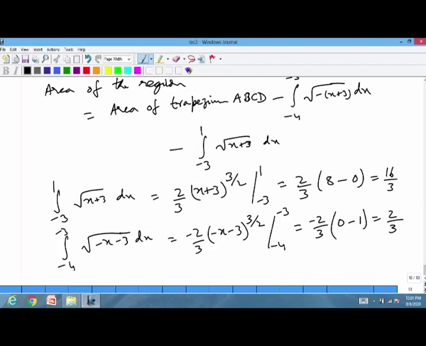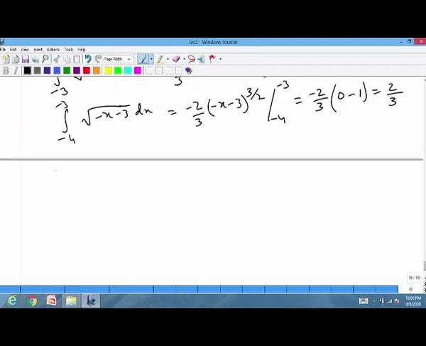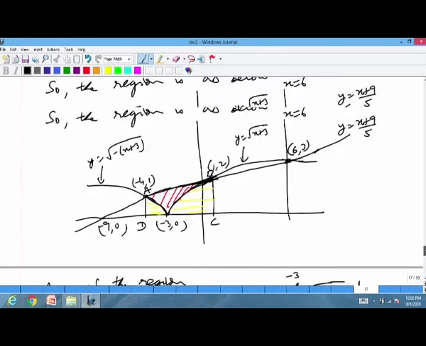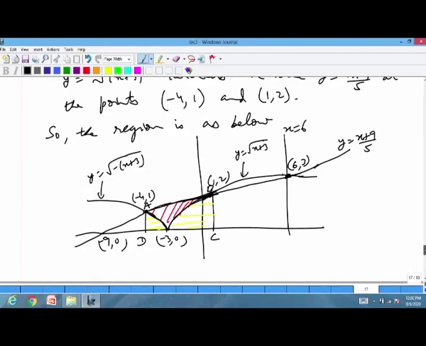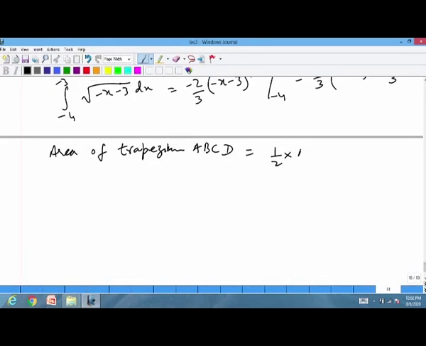So, this is equal to 2 by 3, and area of trapezium ABCD is equal to half times AD plus BC times CD.